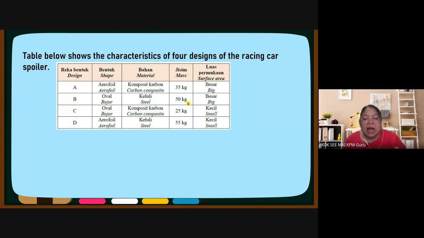We just say I want the mass big, or I want a small mass. We do not talk about numbers; you just say large or small, then give the reason. Then the surface area, you want big or small, then give the reason. So the total here is only 8 marks, 2 marks each. But this question is 10 marks.